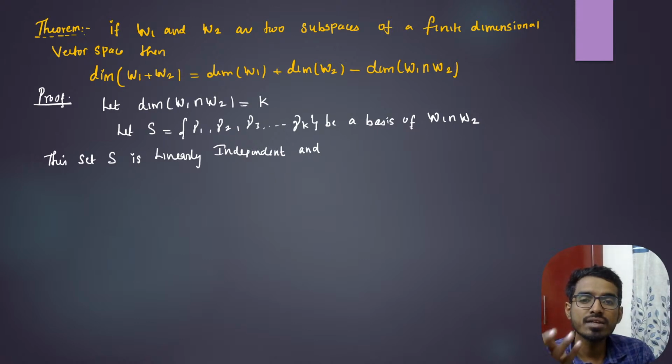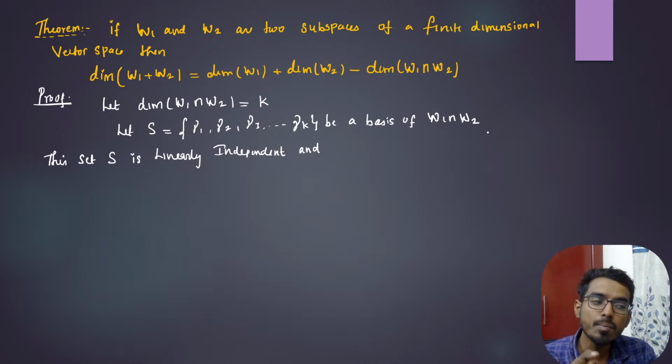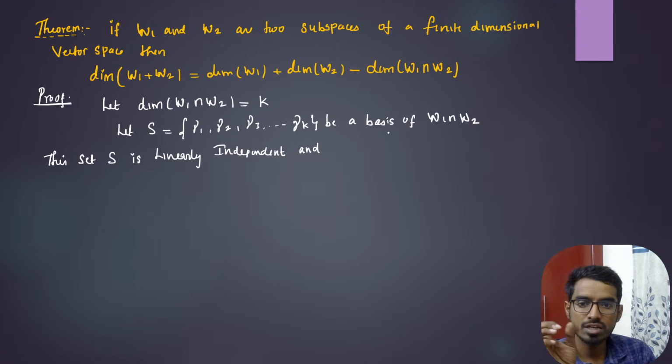But it need not be that these vectors form a basis for W1 and a basis for W2. As of now, they form a basis for W1 intersection W2; they are linearly independent and in W1 as well as W2, but need not be a basis for W1 and W2 separately, right? Okay.